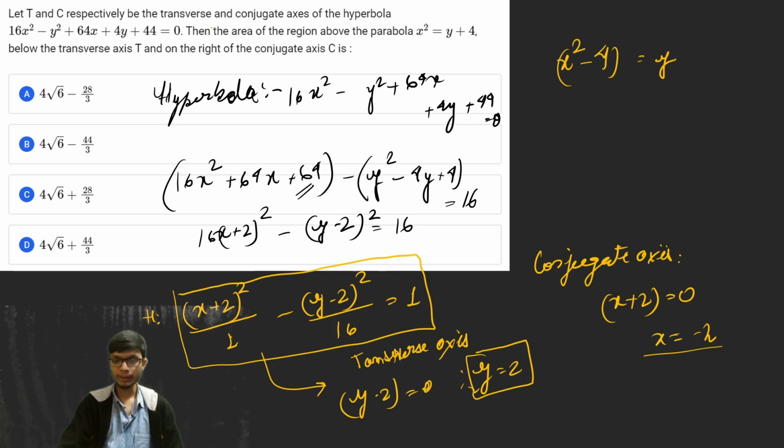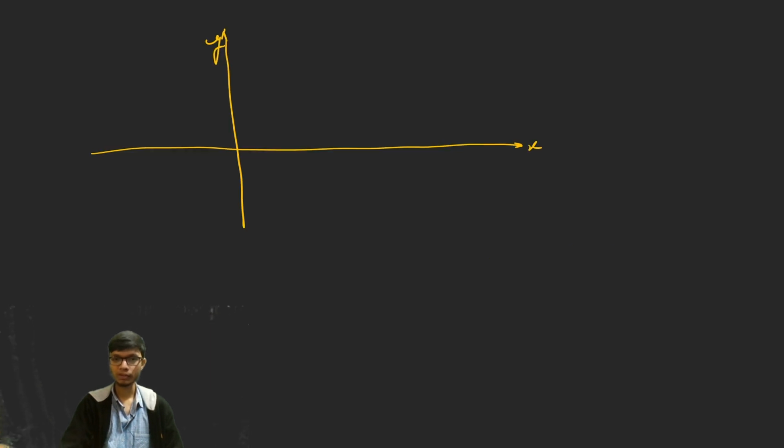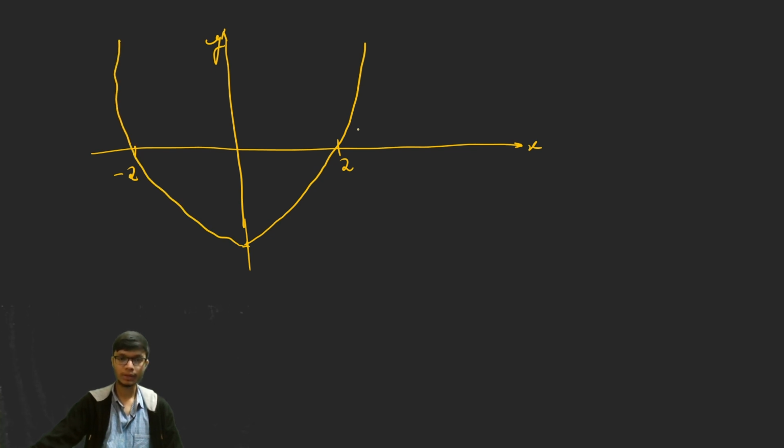It is a parabola opening upward, and it will have the roots at plus 2 and minus 2. It will have its vertex somewhere around here on the y-axis. Bad drawing, I'm trying to improve my drawing. So the parabola looks like this.